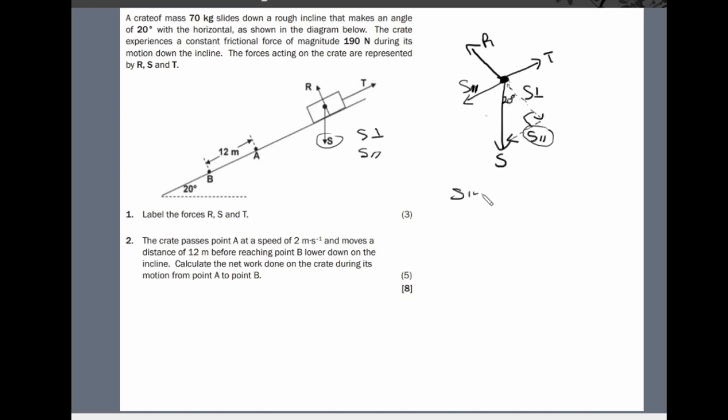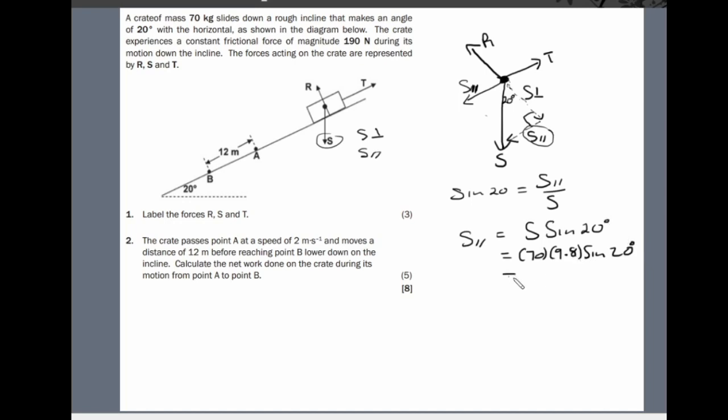So sine 20 will be S parallel over S, right? And then to calculate S parallel, you will say it's S times sine 20, where S is the gravitational force, which is mg, where m is the mass, 70, and g is the gravitational acceleration, 9.8, and then you say sine 20 there.